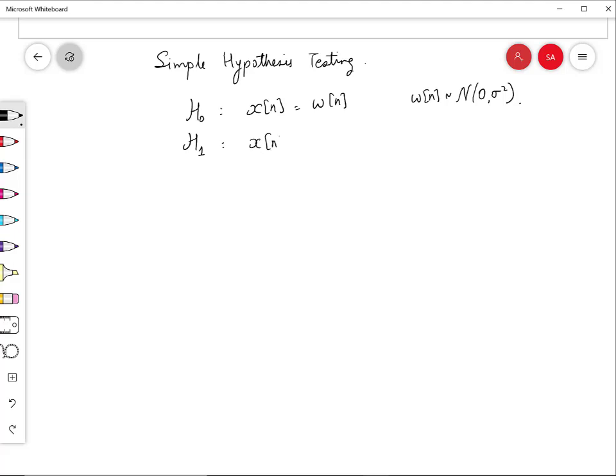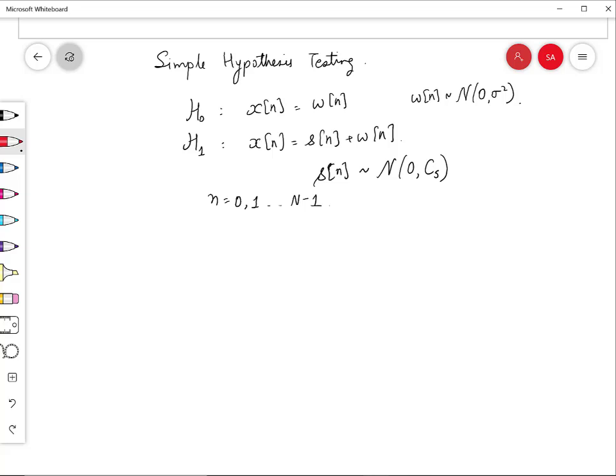Under H1, the statistic was Sn plus Wn, where Sn was drawn from a Gaussian distribution with mean 0 and covariance matrix Cs. The number of samples was 0 to capital N minus 1, so we had N samples. And then we also derived the optimal detector in such a case.